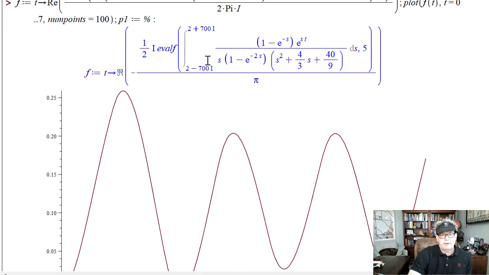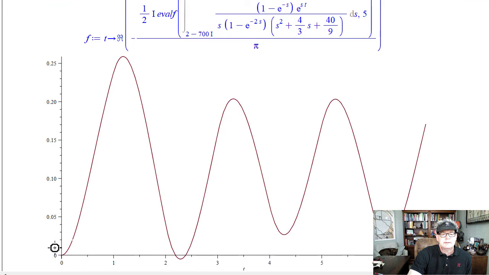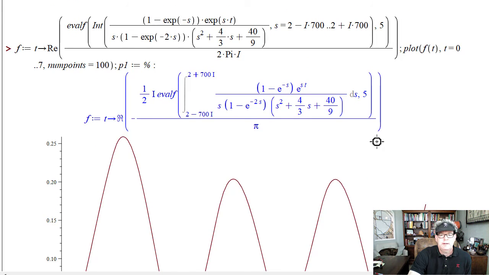But if I just do the numeric result, well, you can get a graph of the solution. So we can see the solution even if we don't invert the transform exactly. We can just do it numerically.